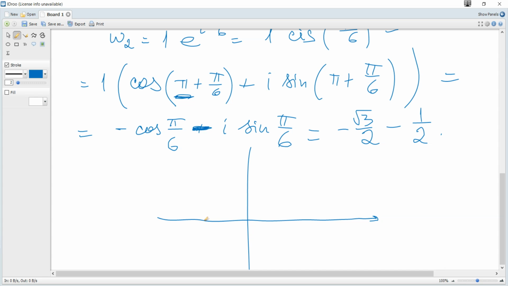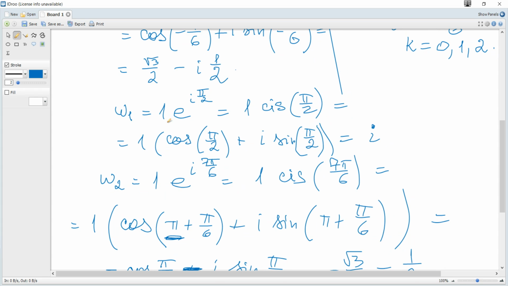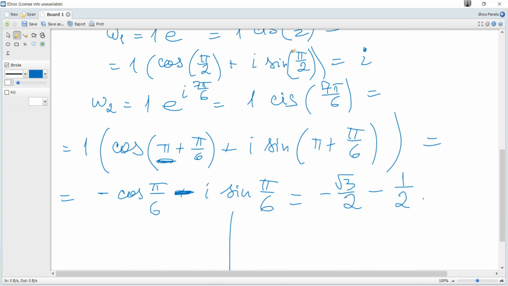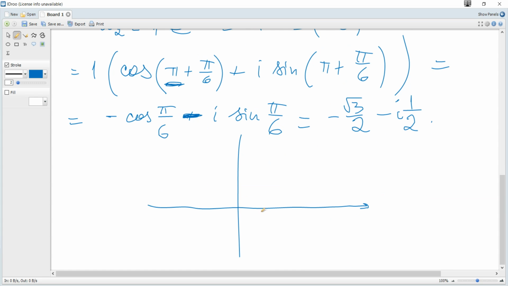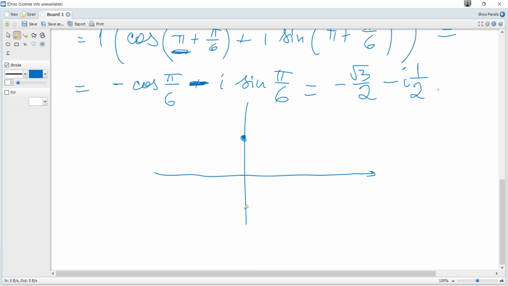Negative root 3 over 2 minus i half, and the first, you can see plus, and the same y coordinate, and i is here, minus and plus, minus, and definitely it's the same.